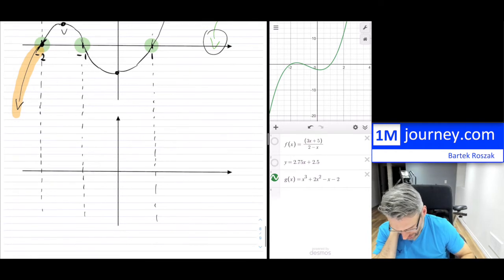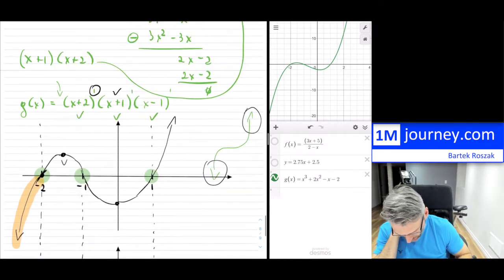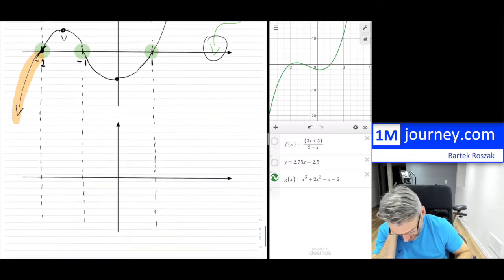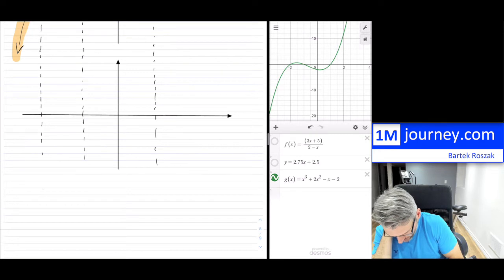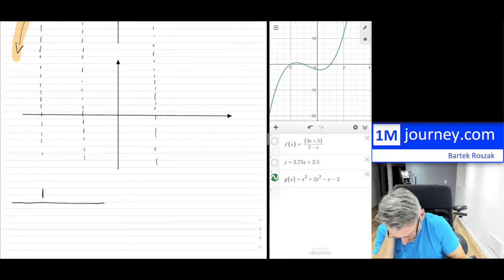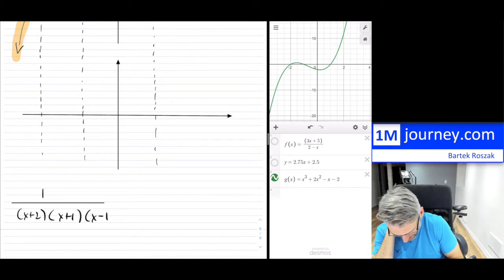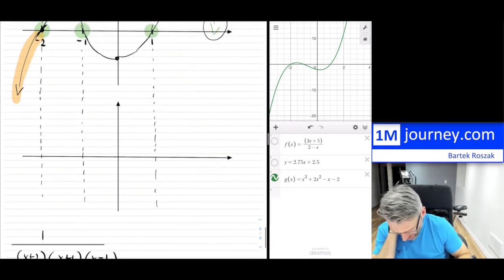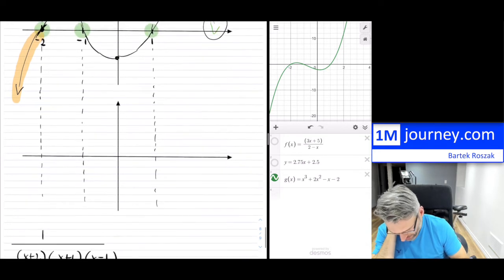Now our g of x, if I put g of x in its factored form, x plus 2, okay, so this is 1, right, all over x plus 2, x plus 1, x minus 1. All right, so on the negative, to the left of negative 2, what's happening here?